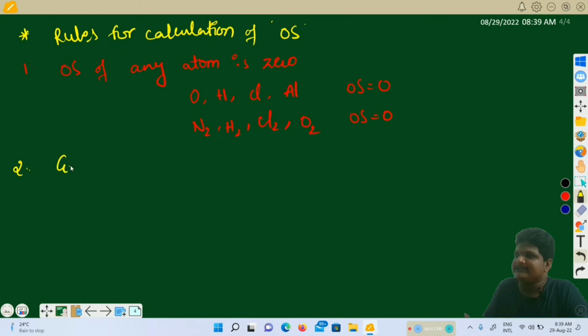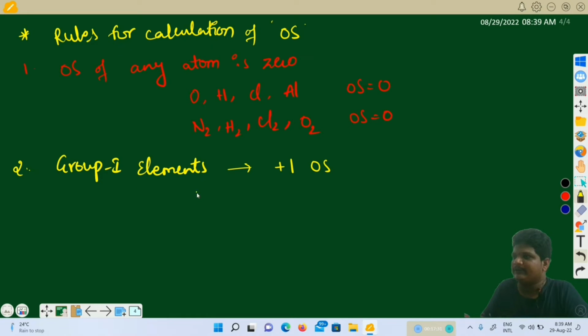Now if you consider group 1 elements, these group 1 elements always exhibit +1 oxidation state.